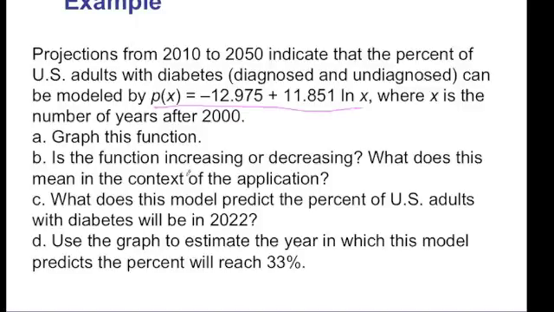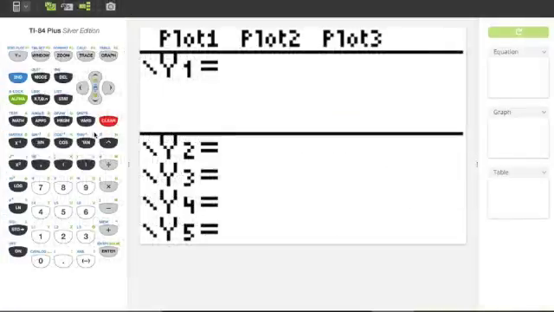We want to answer, is it increasing or decreasing? And what does that mean in the context of the application? What does the model predict the percent of U.S. adult diabetes will be in 2022? And use the graph to estimate in which year this model predicts the percent to reach 33%.